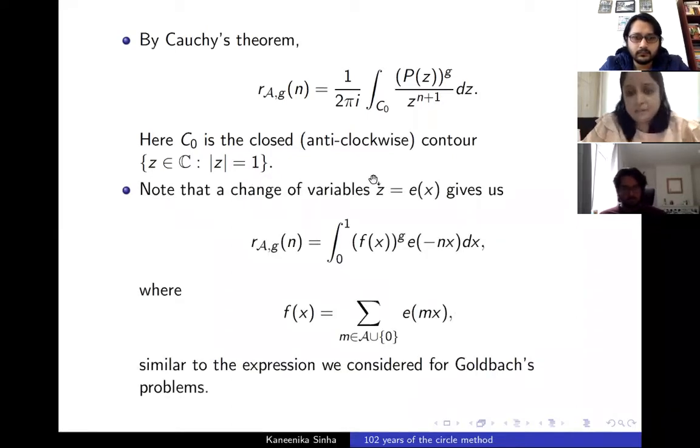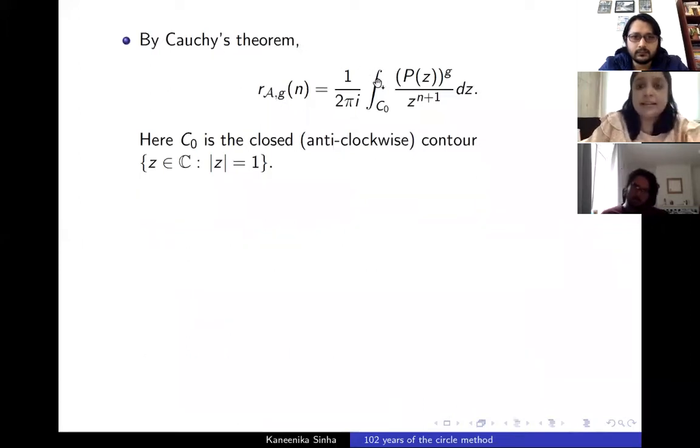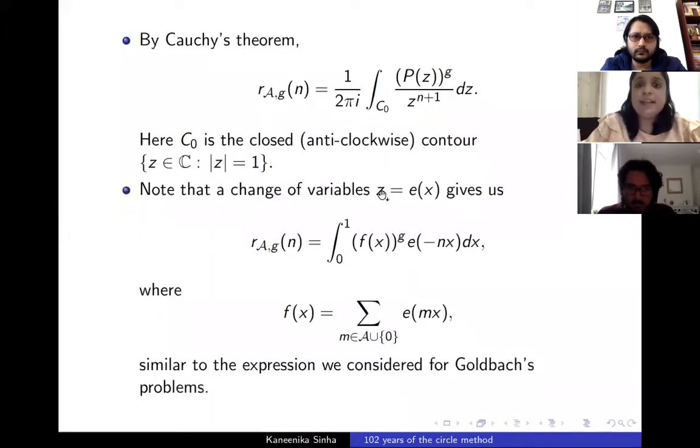And a change of variables. Okay, now, had we been lucky, had this series converged outside, so if this were also valid for the unit circle, then we could make a change of variables, z equal to E of x, and rewrite our R_{A,g}(n) in the form that we are familiar with. But this is different from the way we had written stuff before, because here f of x is an infinite sum.